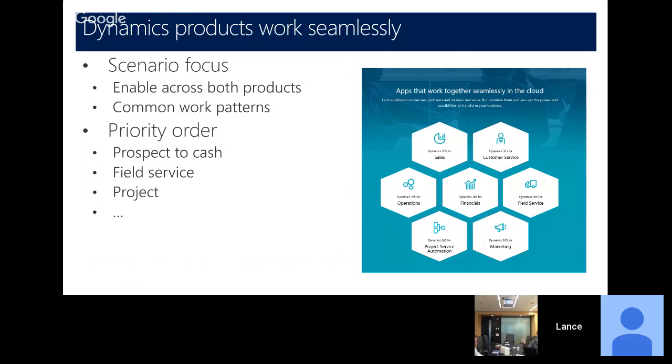Similarly, if I have in Dynamics for Operations, which I'm simply going to call operations, if I've defined a product, for instance, that I want to make available to create sales orders with, I'd like these two products to share this entity information across each other.